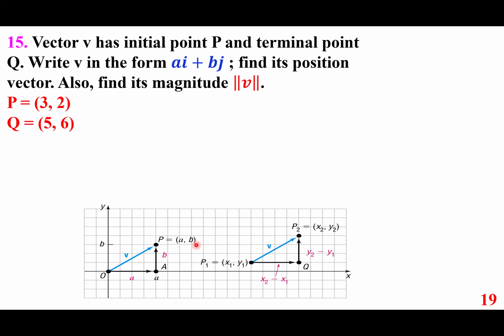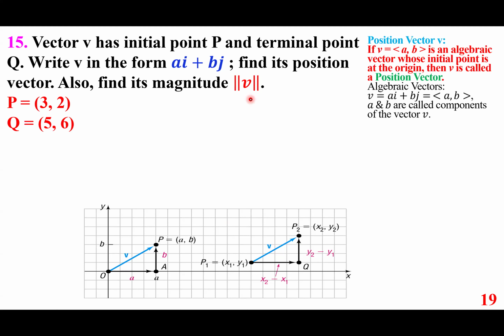And if I draw any vector parallel to those with the same size, same magnitude, they are identical. It doesn't matter where they are. So position vector v: if v has components a, b, an algebraic vector whose initial point is at the origin, then v is called a position vector. So the initial point must be at the origin to be called the position vector.